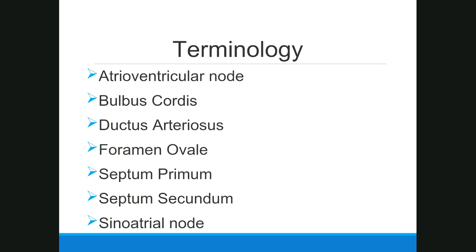And then we have the septum primum and the septum secundum. These are different parts of the interatrial septum that divides the left and right atria, where we can see some congenital defects form if that septum doesn't close properly.